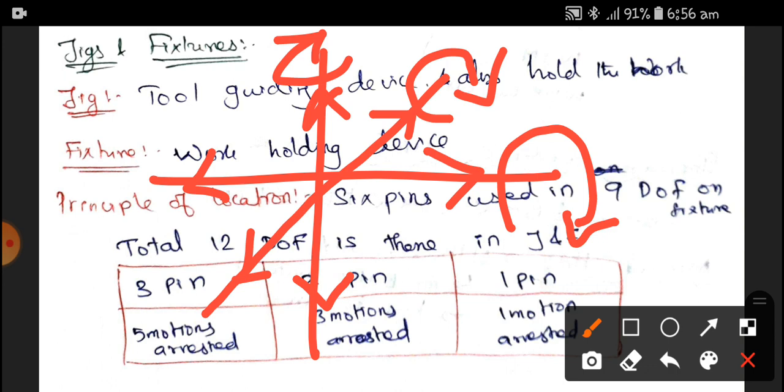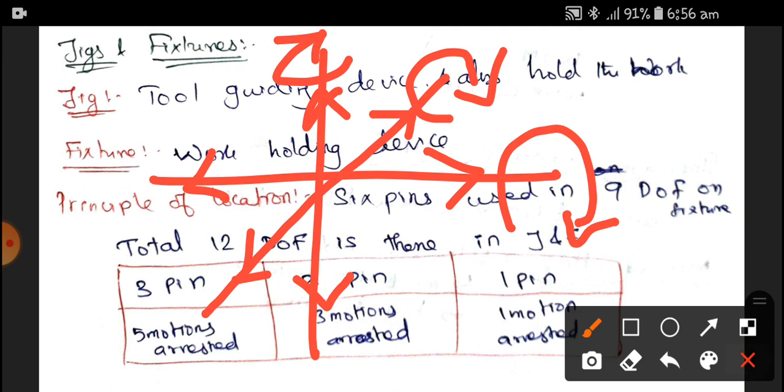Generally speaking, we have 12 degrees of freedom in jigs and fixtures. In some books you can see 12 degrees of freedom: positive x, positive y, positive z, negative x, negative y, negative z, and the clockwise and anti-clockwise rotation of x, y, and z, given as 12 degrees of freedom.